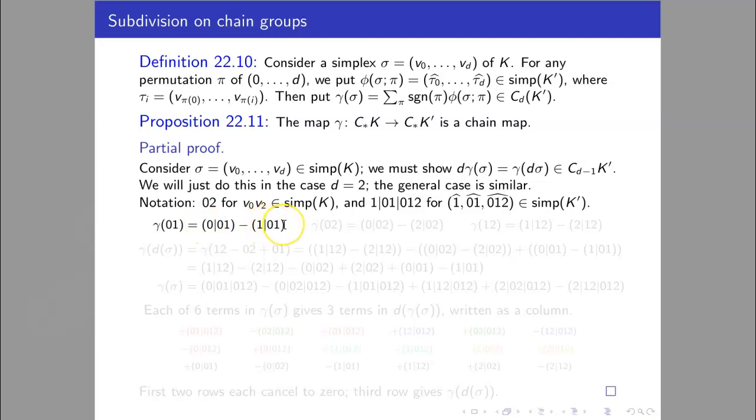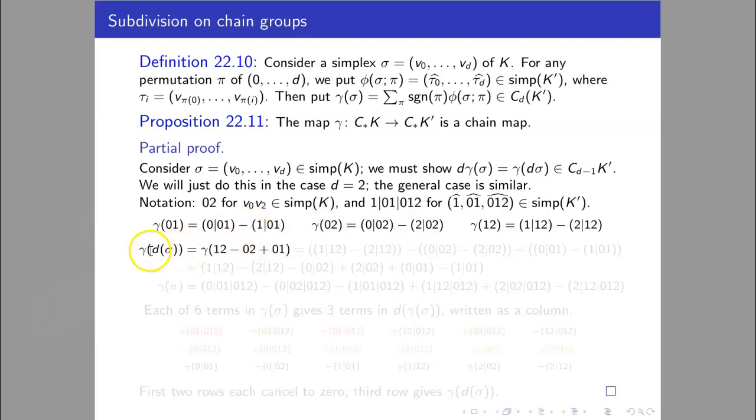Introduce the 1 first and then 0, that's the permutation which exchanges 0 and 1. That's an odd permutation, so we get a minus. So gamma 0, 1 is 0 bar 0, 1 minus 1 bar 0, 1. Gamma 0, 2 works the same sort of way. You get 0 bar 0, 2 minus 2 bar 0, 2. And similarly for gamma 1, 2.